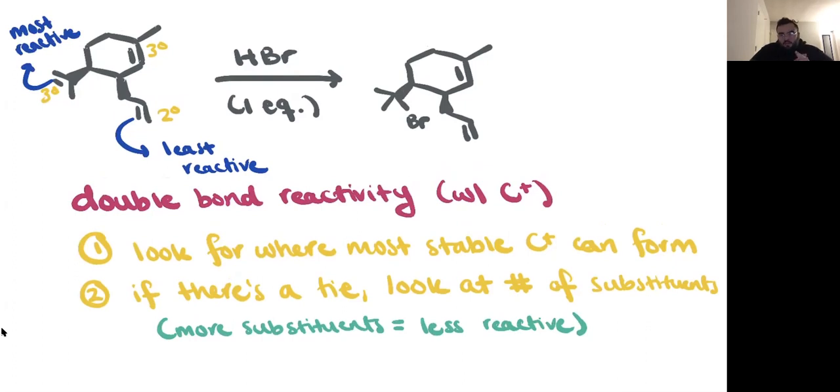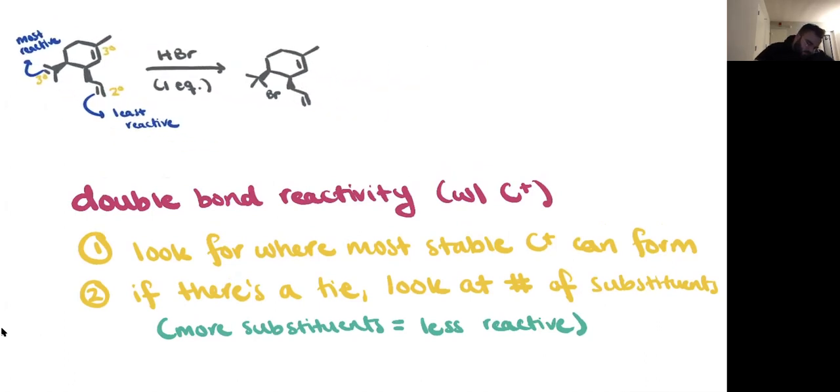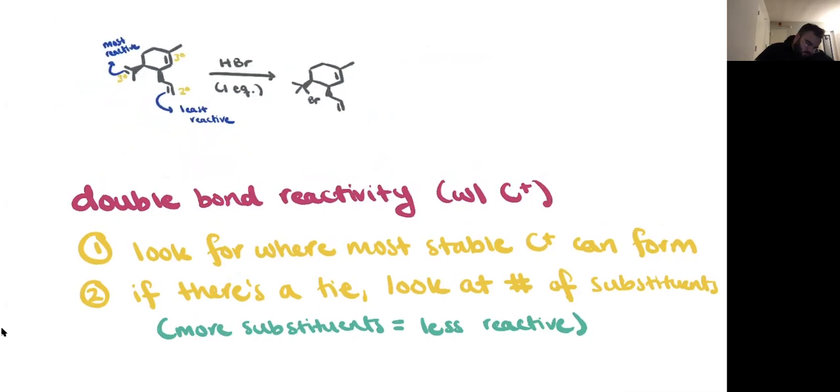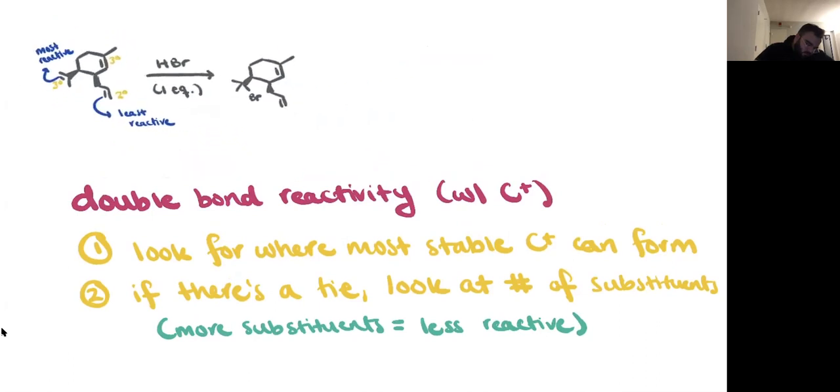Okay, so if I were to, let's say, take this compound and continue reacting, so if I were to do one equivalent of HBr again, then, well, we know that my next most reactive double bond will have to be the other tertiary.